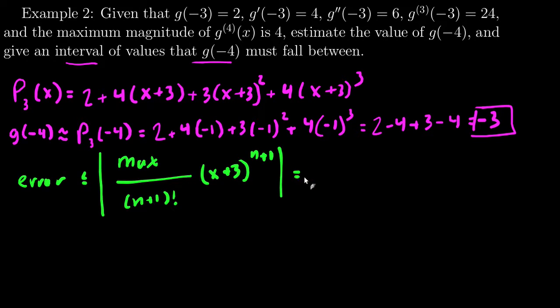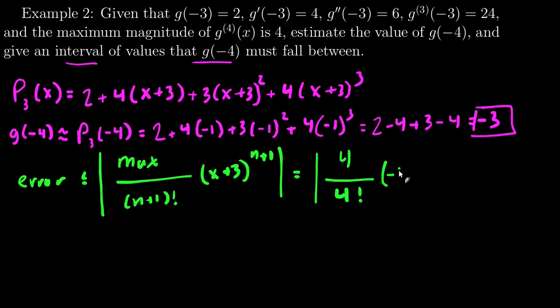Okay, so for this error, the maximum this derivative can be is 4. They just give it to us. We have the third degree polynomial, so I will have 3 plus 1, which is 4 factorial. And then I need to see how far I am from my center. -4 is -1 from my center.